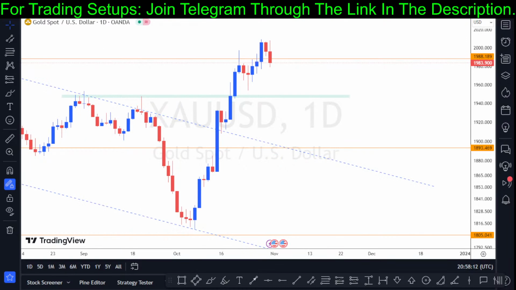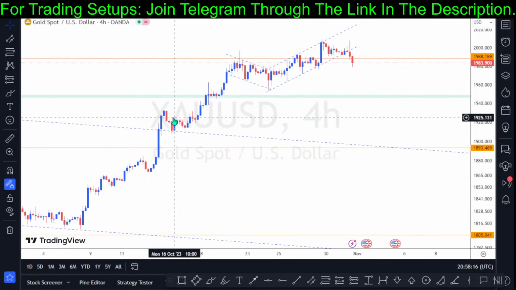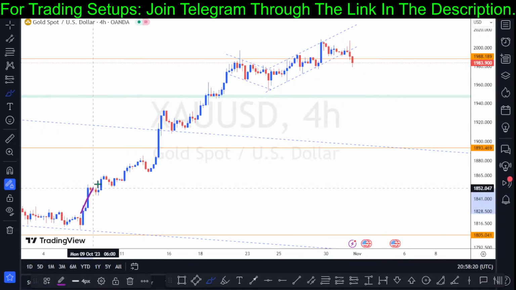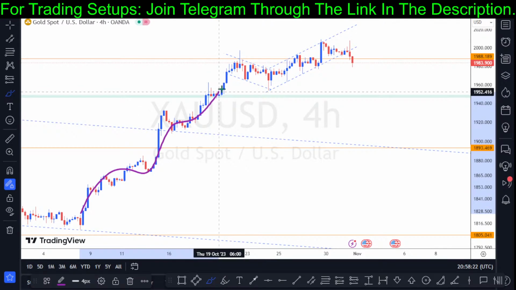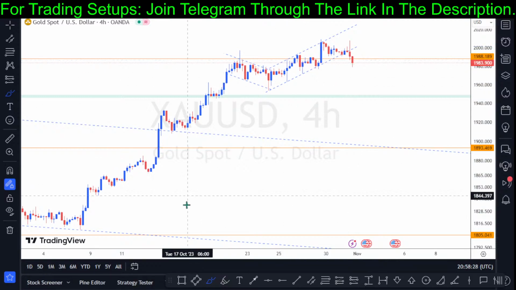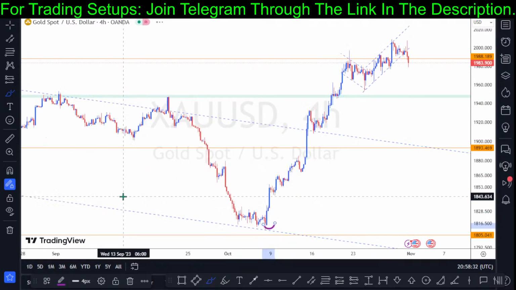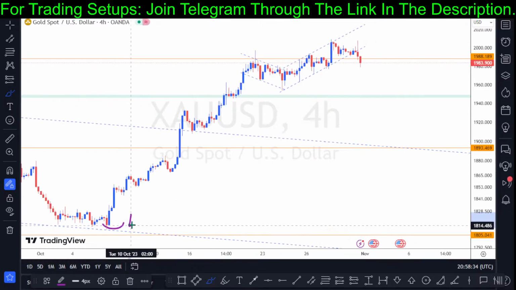But based on what I can see on gold, I like a kind of market that can give me a change of market structure. Because if you ask me, this trend is still in a bullish structure. I'm going to give you a reason why I think this is still a bullish structure. First, this is a lower low right here.